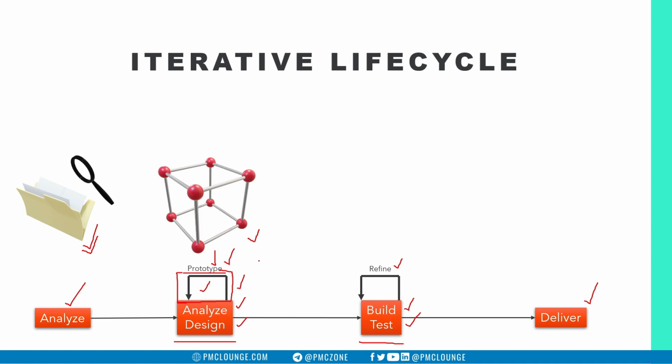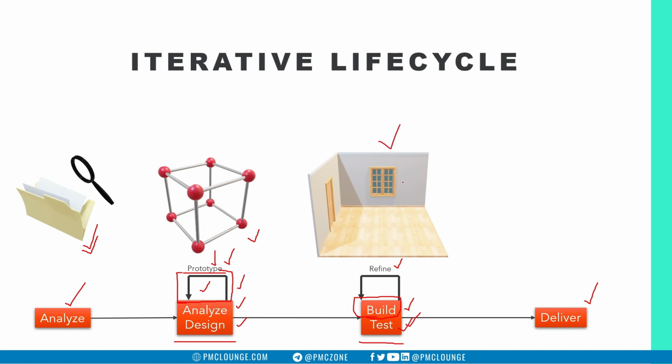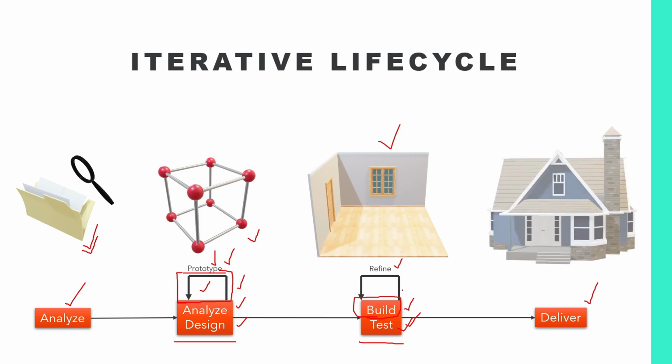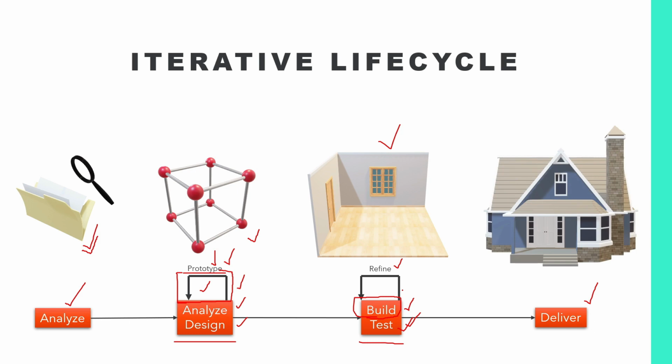It can be anything, but you are essentially designing. Number 3 is where you actually build and test. Your customer might visit the site when you are building the house for them, because construction of the house is the project you're working on. And finally, you do the delivery. You deliver the entire house.